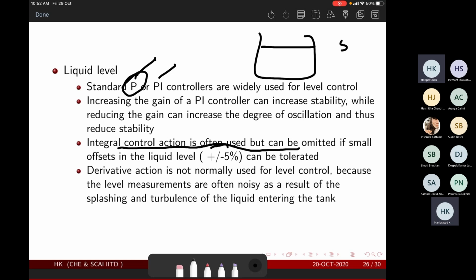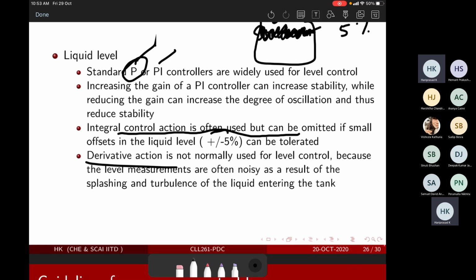If you can tolerate 5% oscillation, which essentially means the level keeps oscillating within 5% of the set point, you don't need an integral controller. Even a P controller would be able to deal with it, because if you add water to the tank, the meniscus would always keep oscillating. So there is some inherent oscillation involved, and even if you use PI, you may not be able to fully remove that. So even P controllers are good enough. Again, derivative action is not used because of the noise.